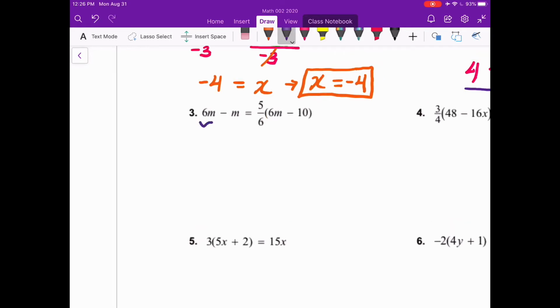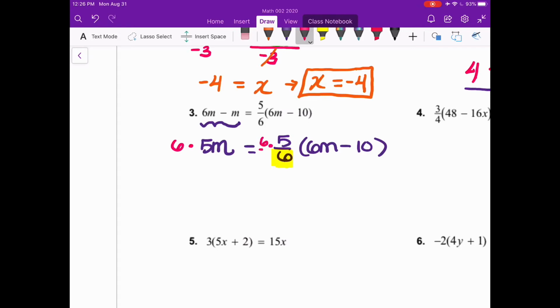So first things first, combine these like terms. Now notice the least common denominator, there's only one, so it's just going to be 6. And to clear it, we multiply both sides of the equation and every term by 6. So times 6 here.